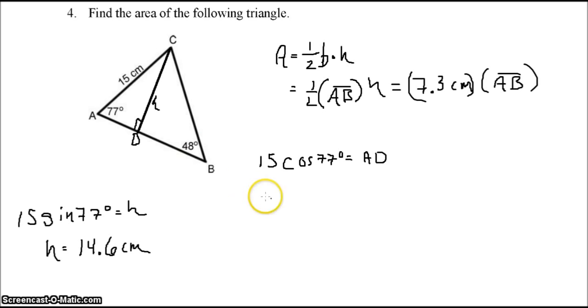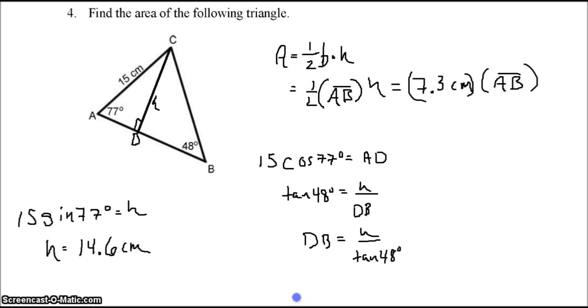And DB, let's see, well, the tangent of 48 would equal h over DB, so that means that DB equals h over tangent 48.